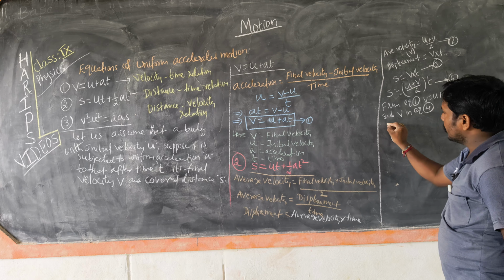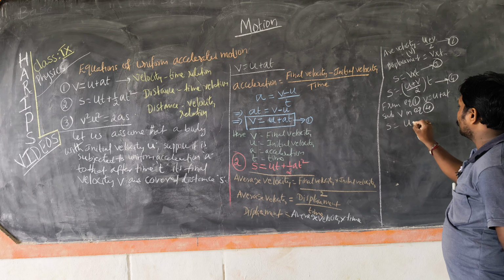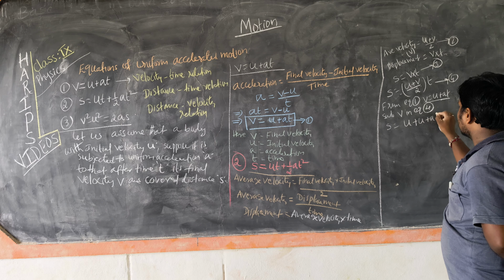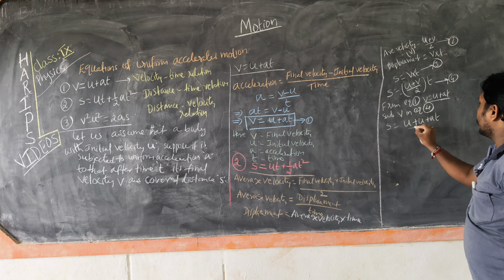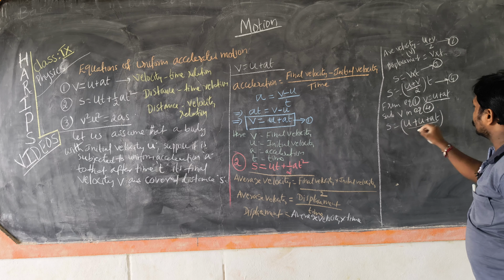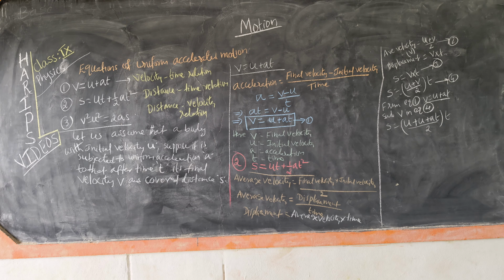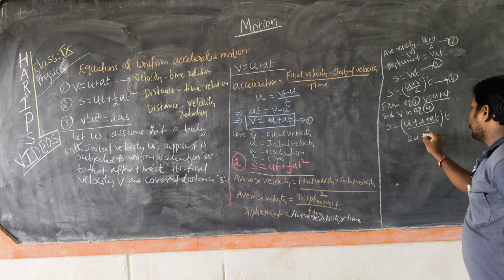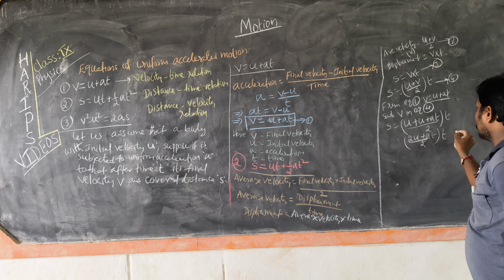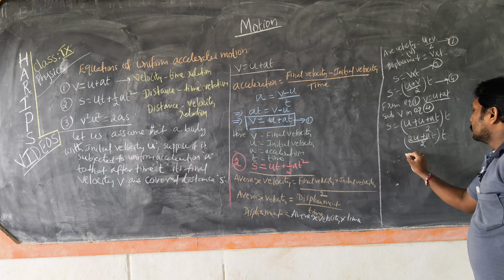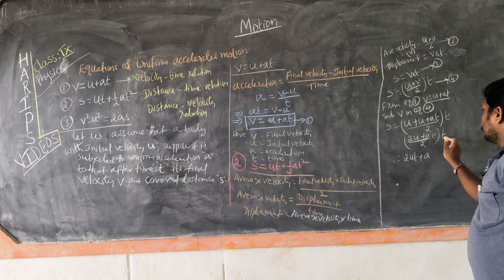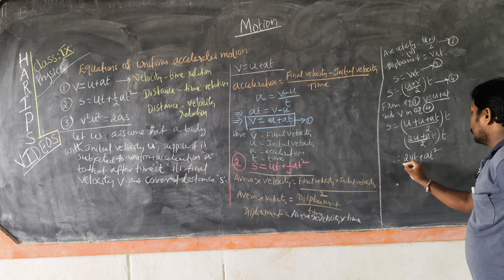We can write s is equal to u plus (u plus at) by 2 into t. Then we can write 2u plus at by 2 into t. Multiply this: 2ut plus at square by 2.